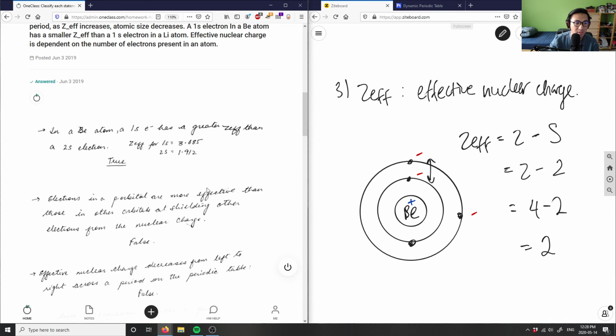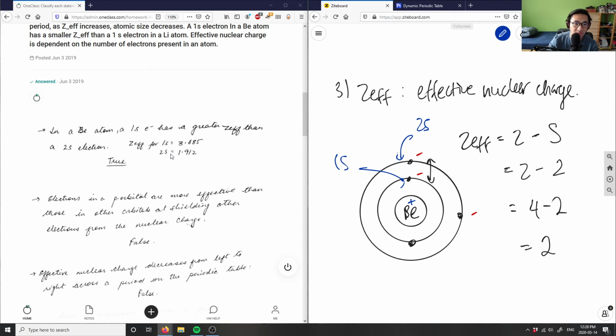Let me read from up to down here. It says, in a beryllium atom, the 1s electron has a greater ZF than a 2s electron. So I would be focused on this guy here as the 1s electron, and this here is a 2s electron. Which one would have a greater ZF?